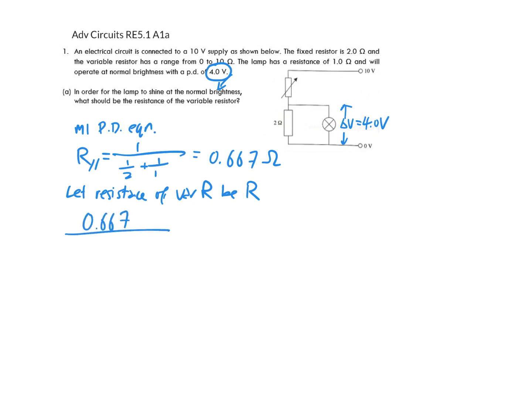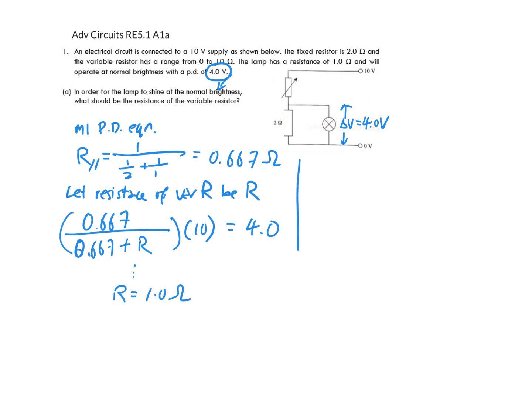A ratio of the resistance to the total resistance multiplied by the EMF across the whole circuit should get us the required 4 volts. And if you solve this, you should be able to get the answer of R equals 1 ohm.